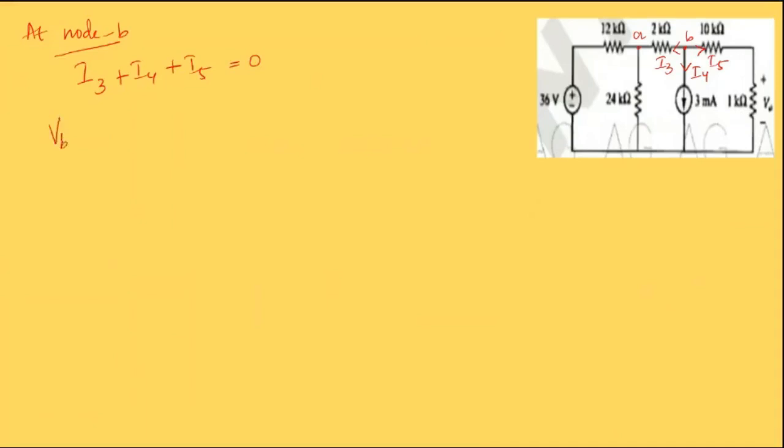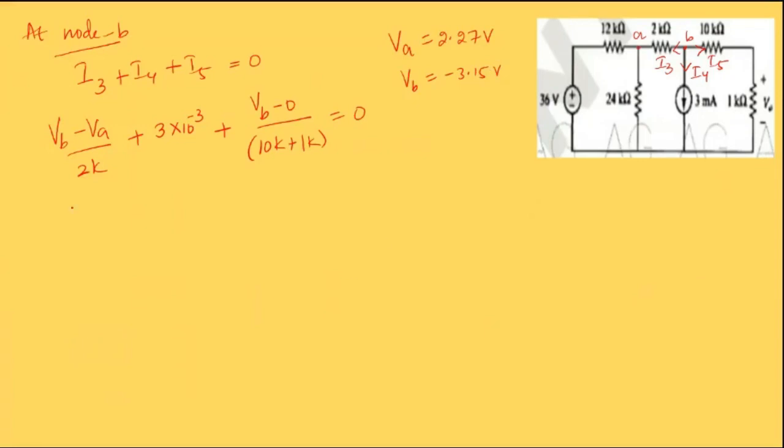So I3 is nothing but (VB minus VA) by 2K, plus I4 is 3 into 10 power minus 3, plus I5 is (VB minus 0) by (10K plus 1K), which is equal to 0. Now we know that from the equations VA is 2.27 volts, VB is minus 3.15 volts. That's what we have found out. So we'll just substitute the same values here to find the values of I3 and I5.